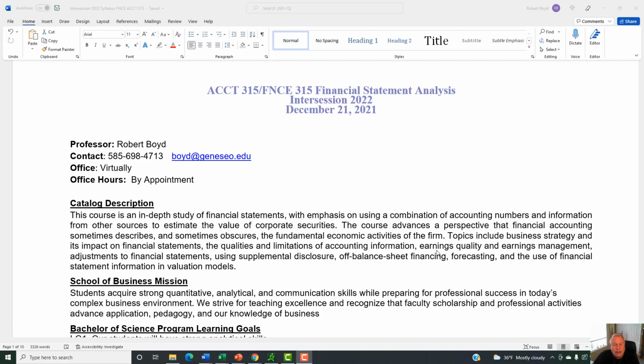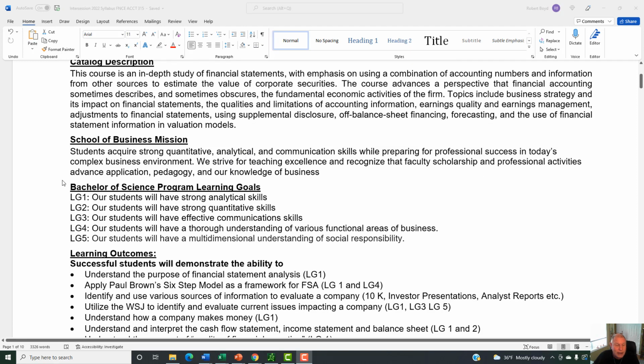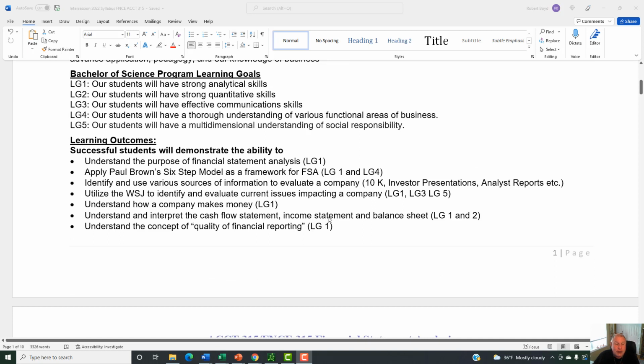This class is consistent with the School of Business and all of our learning goals. Successful students will be able to understand the purpose of financial statement analysis, apply a 6-step model, identify and use various sources of information to evaluate a company, utilize the Wall Street Journal to identify and evaluate company issues, understand how a company makes money, a very basic concept, but you'll learn more about it.